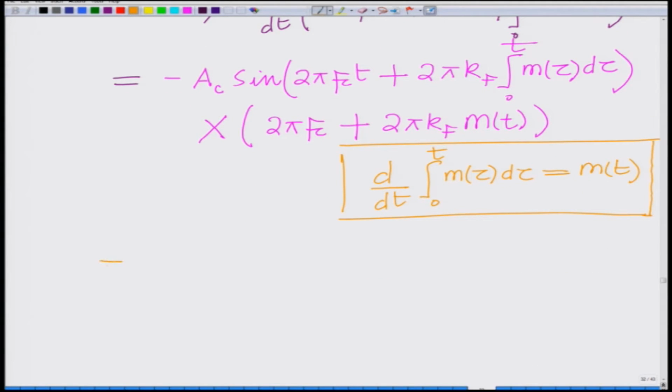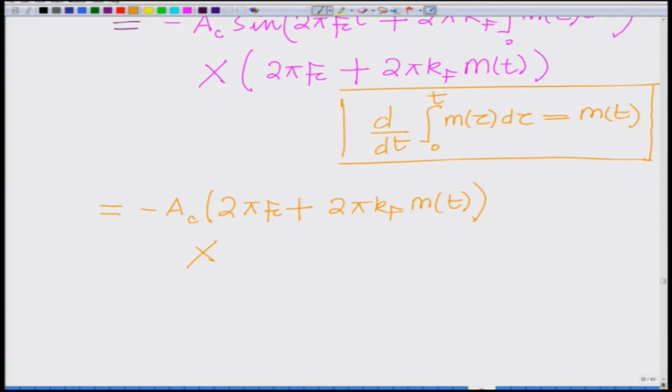Therefore, I can rewrite this as minus A_c, bringing the argument to the front, times 2 pi f_c plus 2 pi k_f m(t), times sine of 2 pi f_c t plus 2 pi k_f integral 0 to t m(tau) d tau.